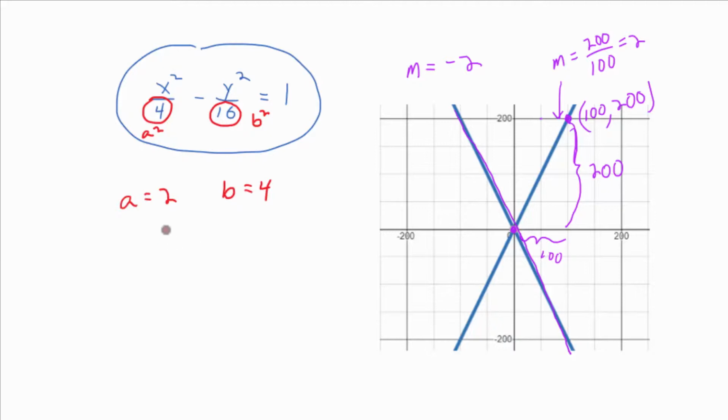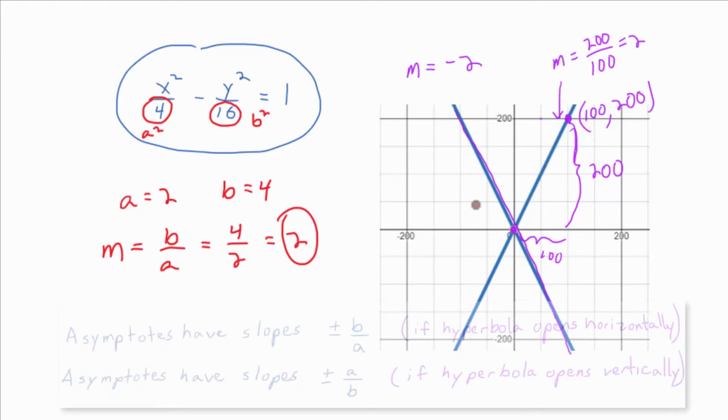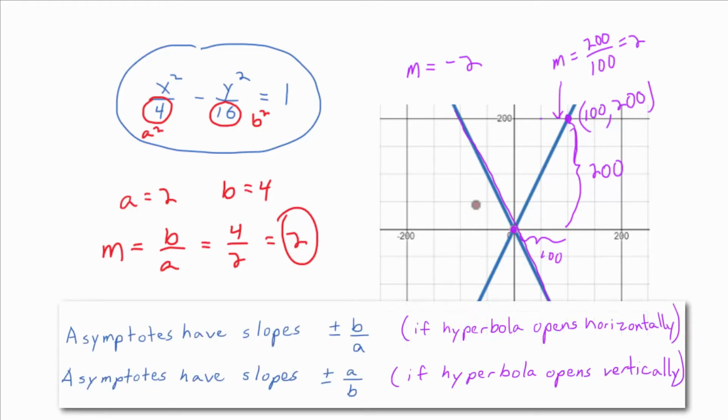And b over a, b divided by a, is 4 over 2, or just 2. And that's no coincidence. For any hyperbola that opens horizontally, the slope of the line that increases from left to right is going to be b over a, and the slope of the line that decreases from left to right is going to be minus b over a. And so we're going to use the slopes of the asymptotes of this hyperbola to help us graph it by hand in the next example.